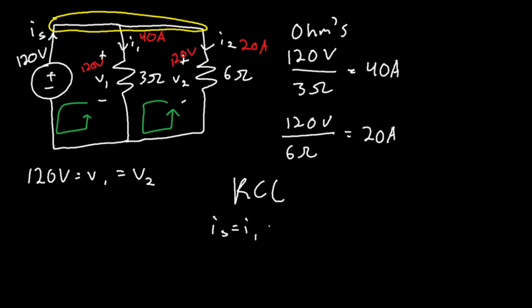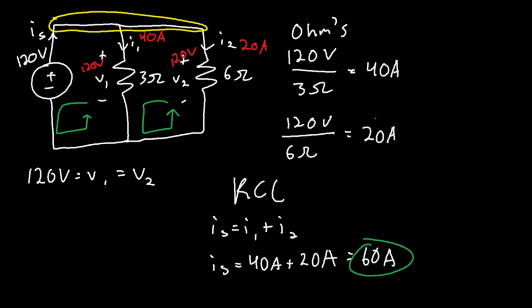So if we set up the KCL equation, we get IS is equal to I1 plus I2. 40 amps plus 20 amps is equal to 60 amps. Therefore, IS coming from the source is 60 amps. That's really all that you need to do for this.